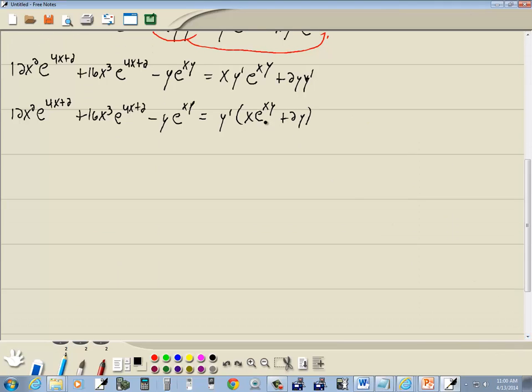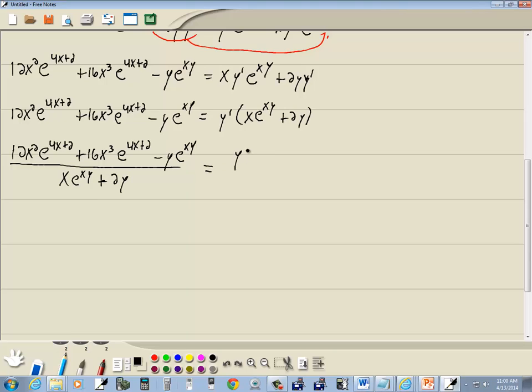Now we're trying to get y prime by itself, so we're going to divide both sides by what's behind our y prime. So I got 12x squared e to the 4x plus 2 plus 16x to the third e to the 4x plus 2 minus y e to the xy all over x e to the xy plus 2y.